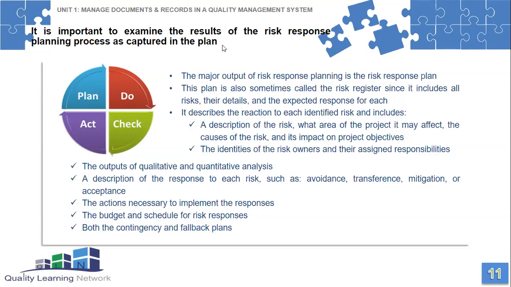So the risk register describes two things. The description of the risk, what area of the project it may affect, the cause of the risk, and its impact on the project objective, and also identifying what we're going to do about it.